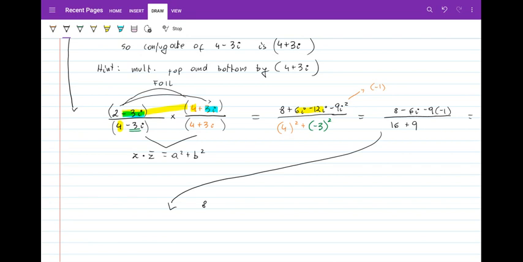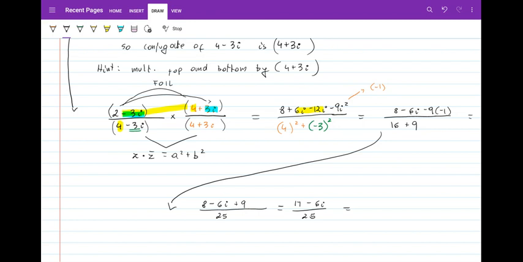So we have 8 minus 6i plus 9 divided by 16 plus 9, which is 25. So 8 plus 9 will give us 17 minus 6i divided by 25. And we always have to leave the solution in standard form.